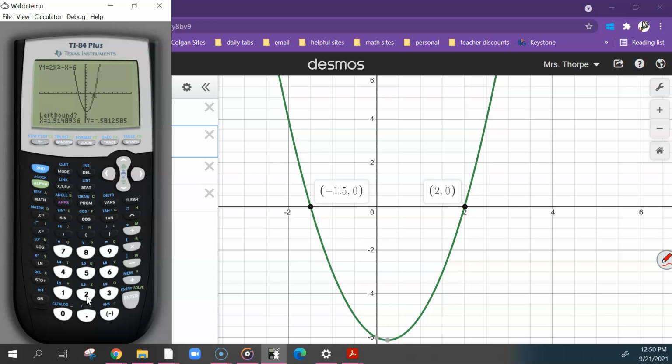Then it asks you for a left bound. Since we're looking for 2 different zeros, I'm going to look for just one at a time. Let's say I'm looking for this one all the way over here, this -1.5. A left bound of that would just be some number that is left of that 0. So I could say like -2, -3, any of these numbers.